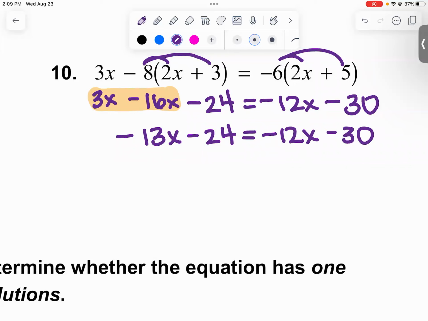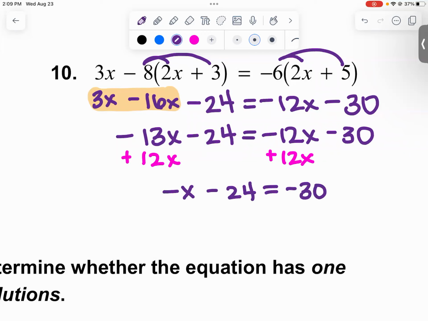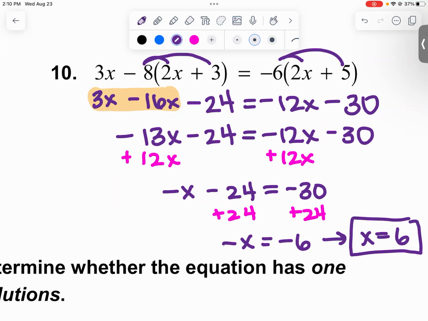If you want the x's on the left, then you can add 12x to both sides, but you would have negative x minus 24 equals negative 30, right? If we add 24 to both sides, then we have negative x equals negative 6, which would mean positive x equals positive 6.